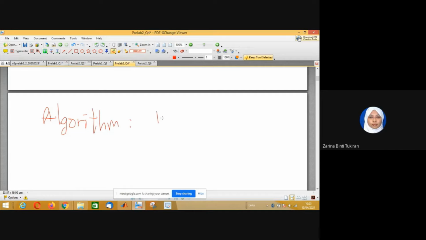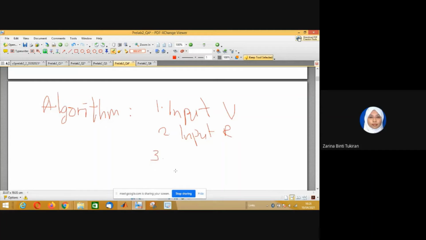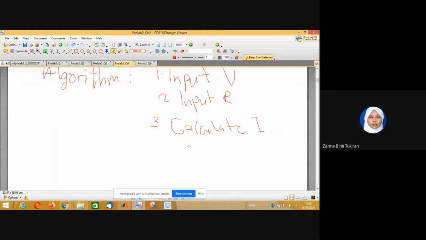The first thing you need to provide to the program is the input of V, then the input of R. Then you can do the calculation: calculate I. How to calculate I? By using this formula, V over R.